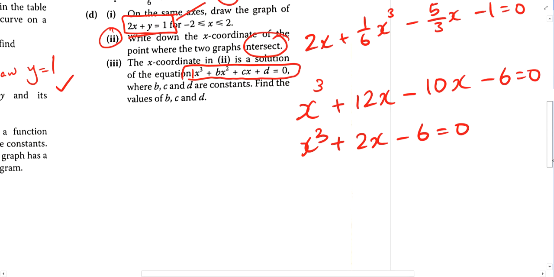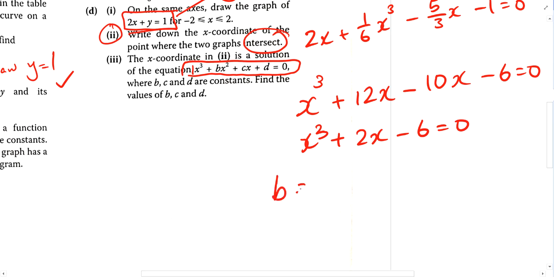Now, what is the value of b? 0. C. D. Is this the correct answer? Okay, this here. Okay? So this type of question always done this way. Simultaneous equation. Whenever there are graphs that intersect each other.